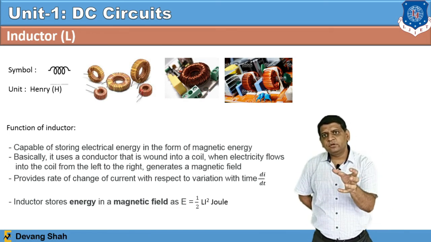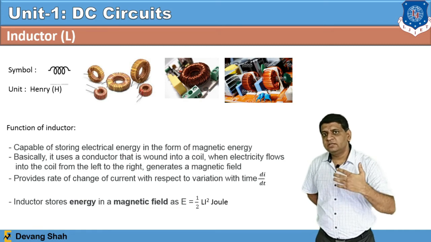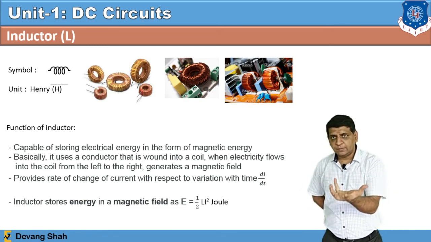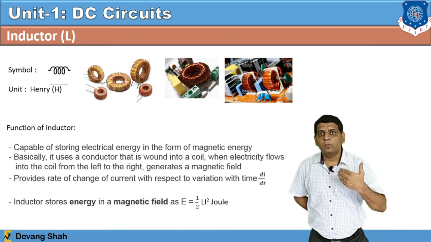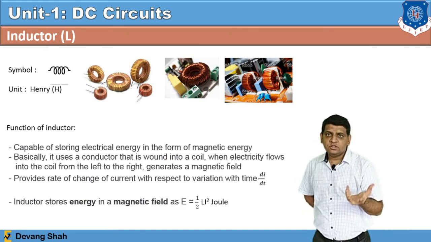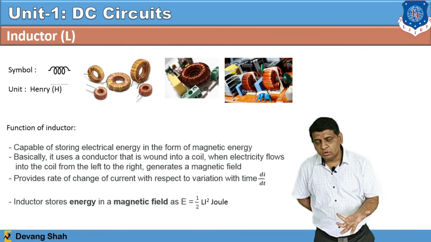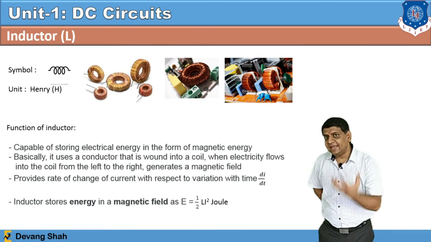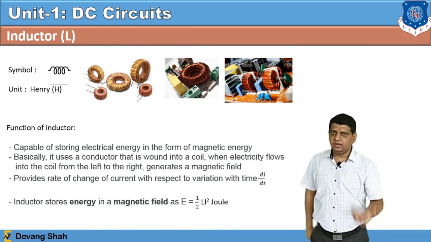Once you connect the capacitor in a circuit and apply DC, the voltage drop across the capacitor, that stored charge, is going to oppose the applied voltage. So these two important factors, dV by dt and di by dt, are very essential to analyze or design any circuit.